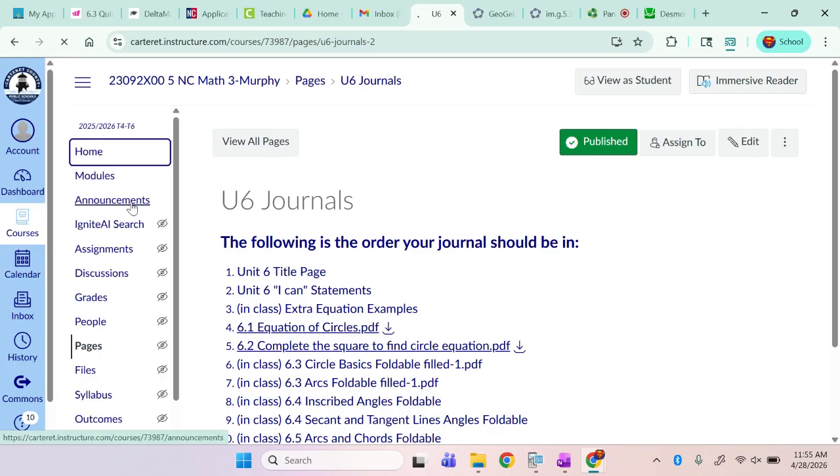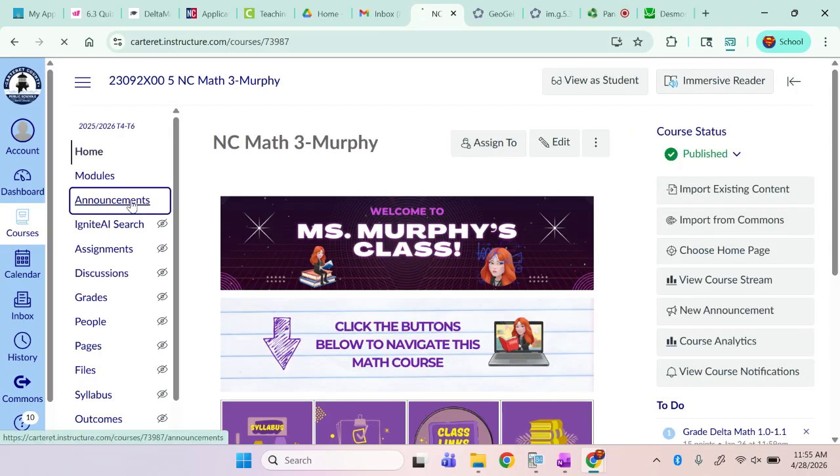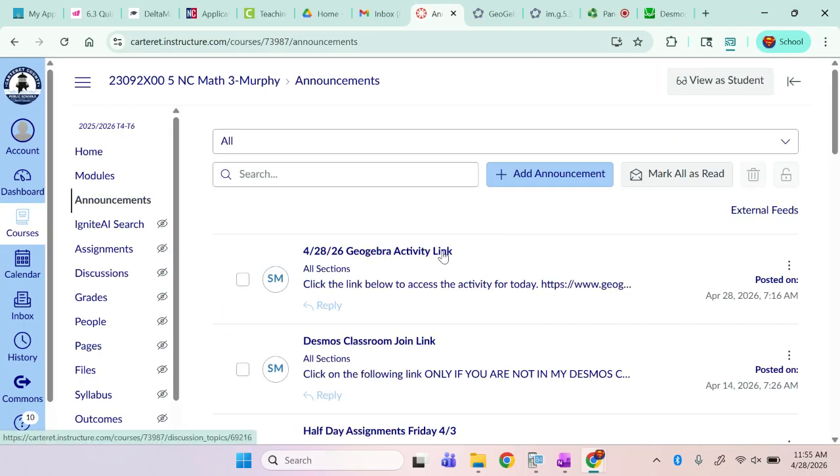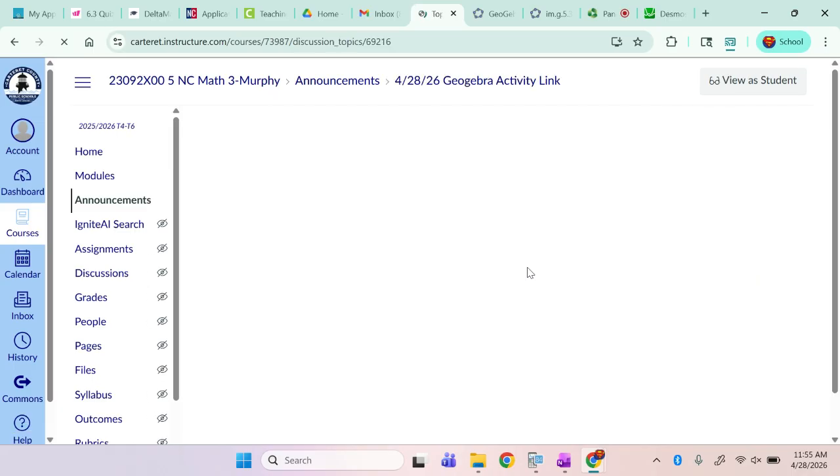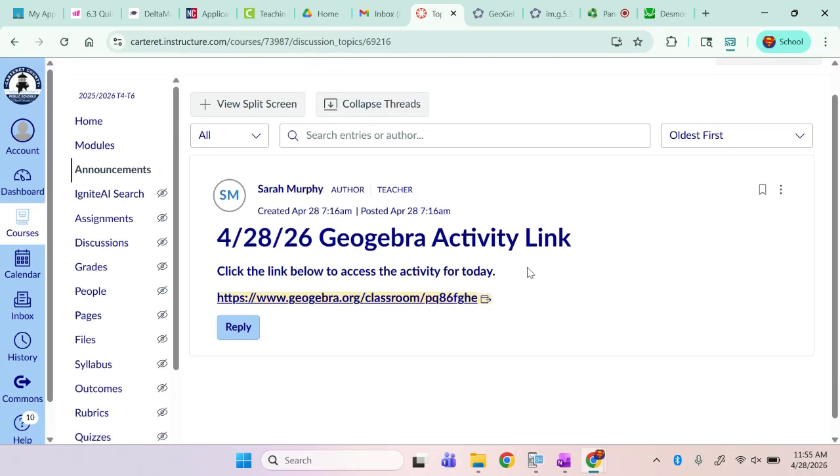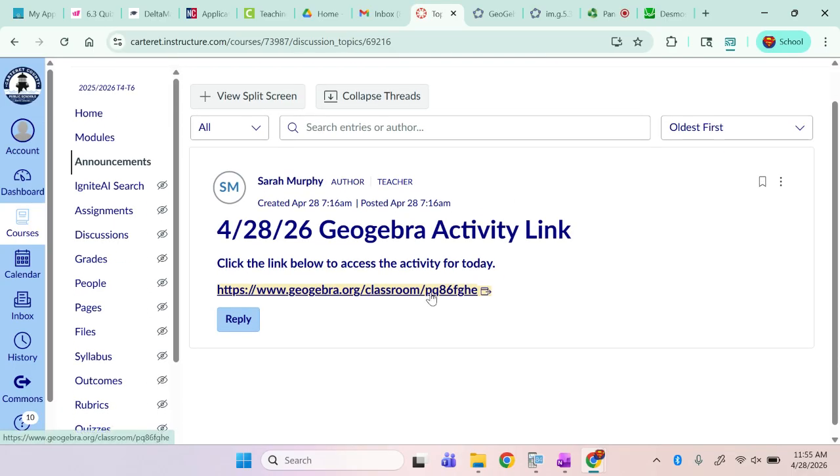So if you go to announcements in Canvas, what you're going to click on, so look up here, is the one labeled today's date GeoGebra activity link. When you click on this link, it should lead you to a page. It may ask you to log in. You can log in or continue as guest. I don't really care as long as you put your name on it.